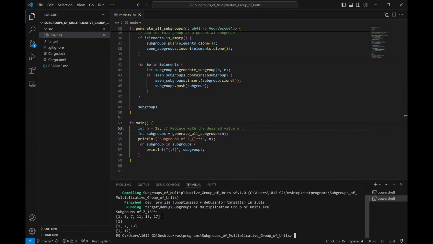Of course, it begins by listing the elements which are relatively prime to 18 as one of the subgroups, then gives us the other subgroups. Okay, I don't want a very huge number because it might take time to give us the results.